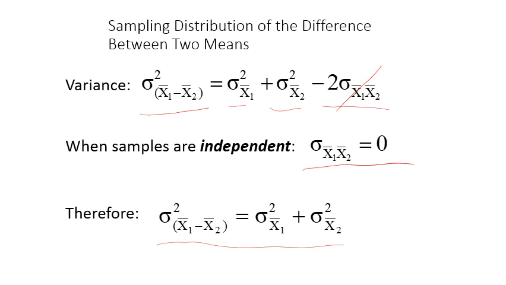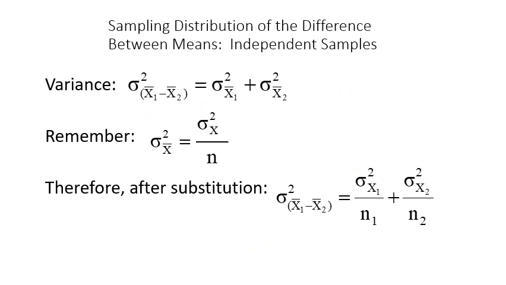However, we need to take it one step farther because, again, we know the formula for this. The variance of the sampling distribution of the difference between the means is equal to the variance of the sampling distribution of sample 1 plus the variance of the sampling distribution of sample 2.